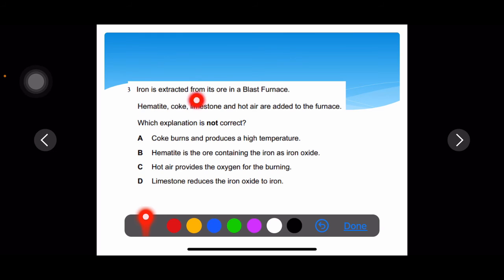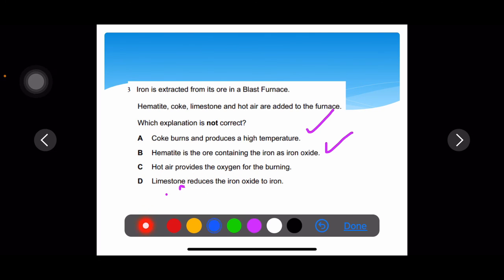Iron is extracted from its ore in a blast furnace. Hematite, coke, limestone, and hot air are added to the furnace. Which explanation is not correct? Coke burns and produces high temperature. Yes, the first reaction. Hematite is the ore containing the iron as iron oxide. Yes, this is correct as well. Hot air provides the oxygen for the burning.